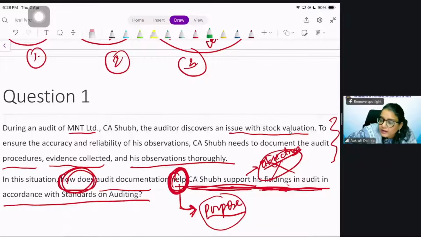You will not read the question and read the answer. Then this mistake is made in theory papers that when you are doing Q&A practice, you read Q&A. If you are going to read Q&A, how is it going to be retained in your brain? It will not get retained.